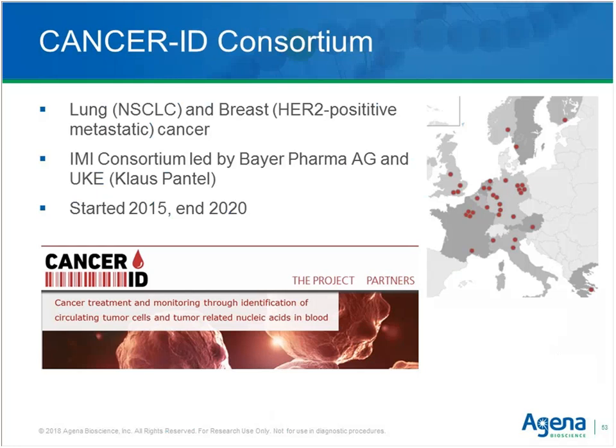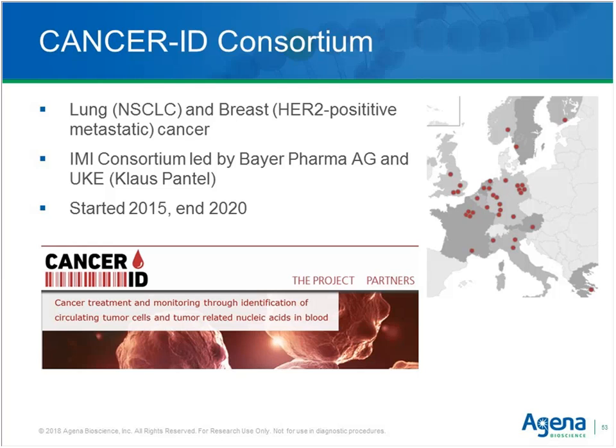Another consortium I want to bring to your attention is also a European consortium. It's called CANCER-ID, which deals with breast cancer but also non-small cell lung cancer, and that is a mainly academic-driven consortium.